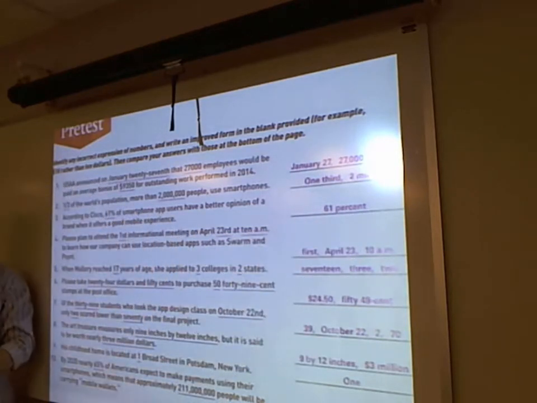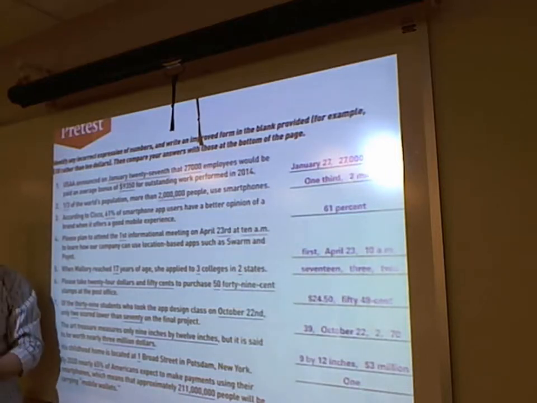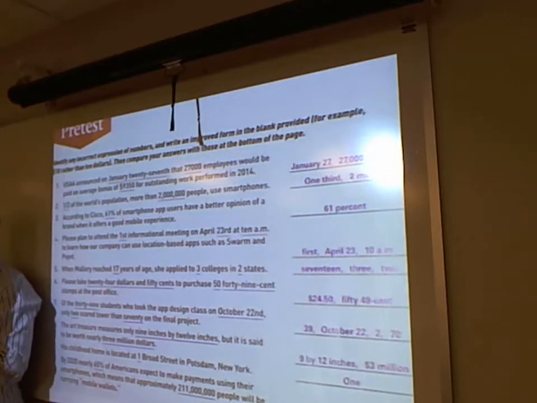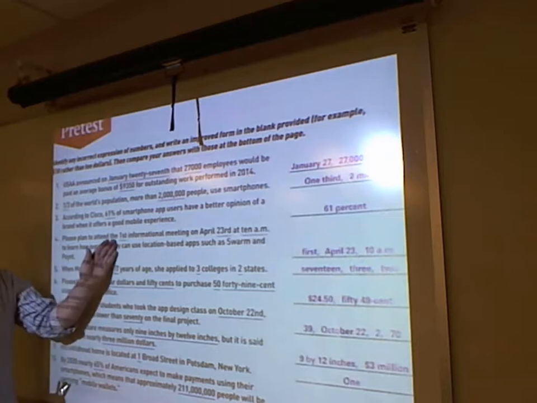Then number 4: please plan to attend the first informational meeting on April 23rd at 10 a.m. to learn how our company can use location-based apps such as Swarm and Foursquare. I haven't heard of that particular app. But ordinals that are fewer than 2 words are generally spelled out as words. So we're going to spell out first, F-I-R-S-T, informational meeting on April.